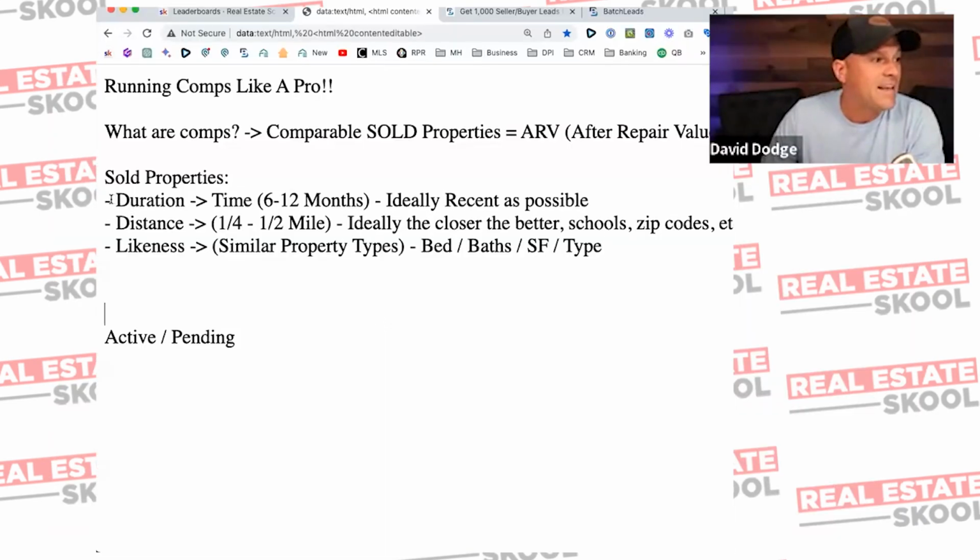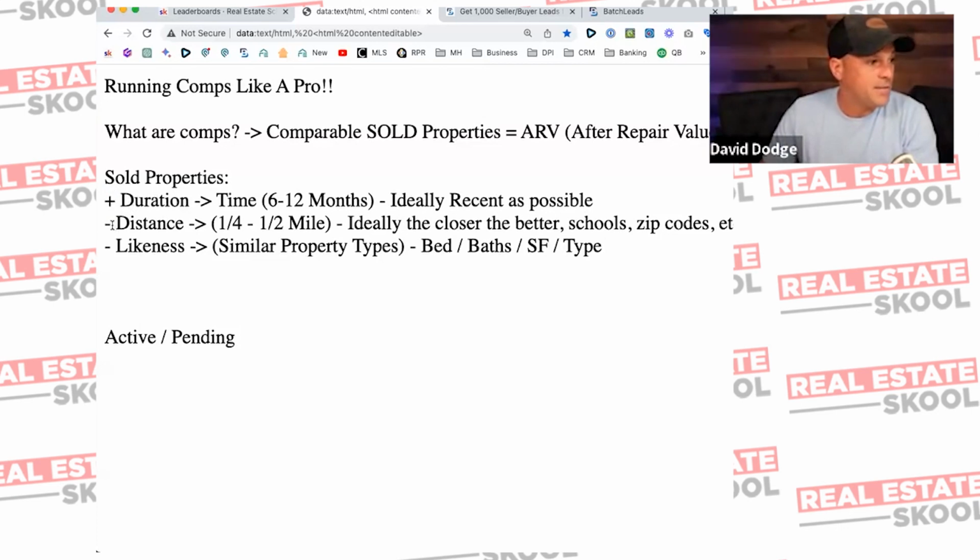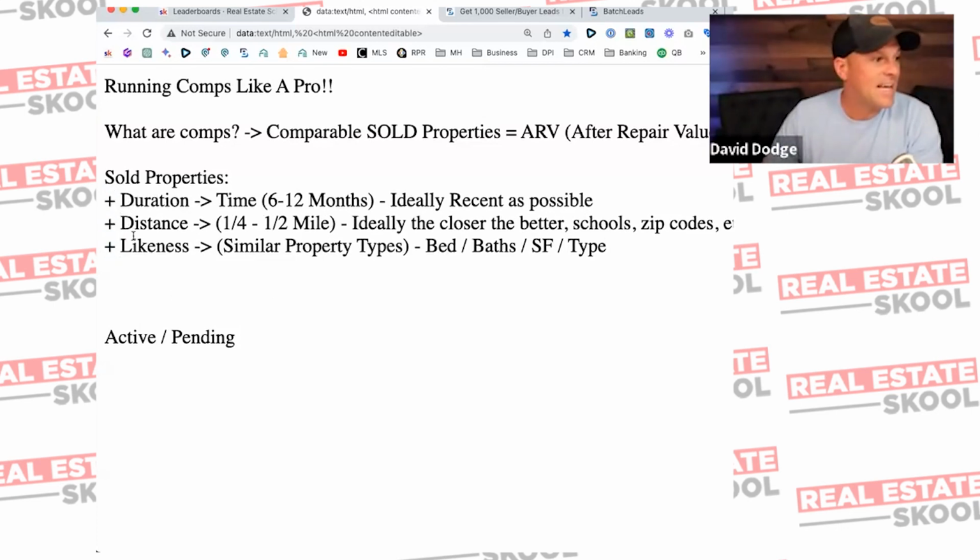But what really matters, guys and girls, is that we are finding the duration, the distance, and the likeness as similar as possible when we are looking at our sold properties that have sold in the vicinity recently.